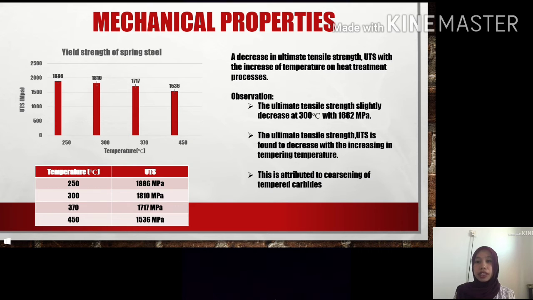From my observation, the ultimate tensile strength slightly decreased at 300 degrees Celsius with 1,810. The UTS is found to decrease with the increase in tempering temperature. This is attributed to coarsening of tempered carbides.